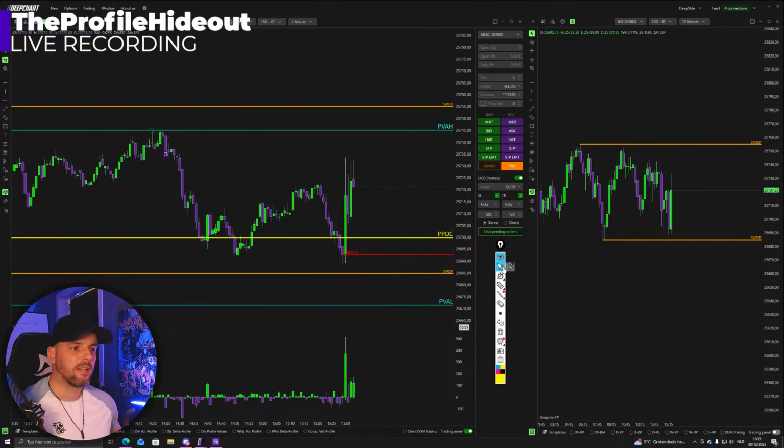As I said, I don't know if I want to put any trades on. This is very, very balanced, and price is just acknowledging that it's balanced. Maybe I'm just a little bit impatient. That could be a thing too.